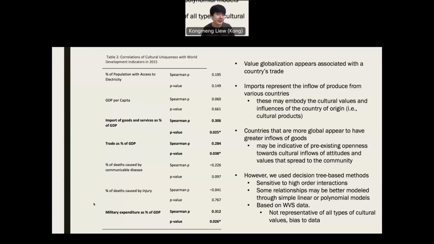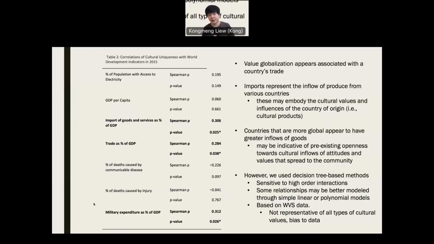My interpretation was that this could represent the inflow of goods and services, because along with inflows of trade you get a lot of values, a lot of influences that are sometimes embedded in aesthetics. When these come in, they could shape the culture of the country.